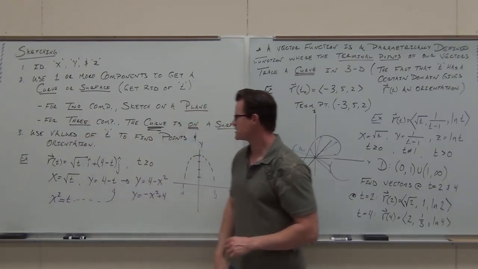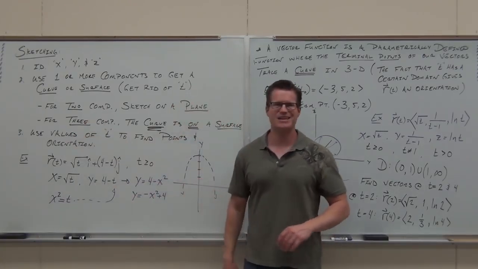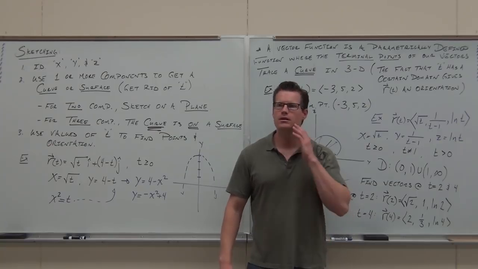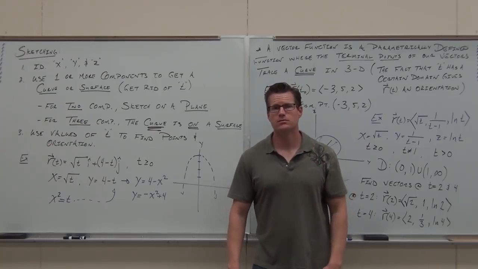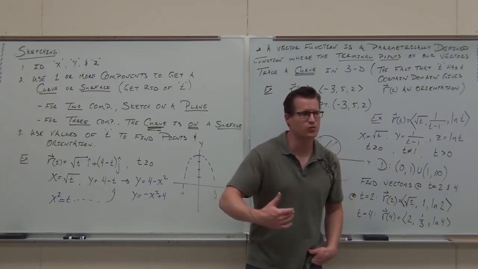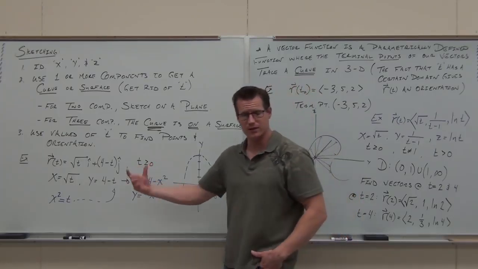The last one is use values of t. Let's plug in -7. Should I do that? What should I plug in? Probably 0 to see where it starts, because this is going to have an initial point. It has an orientation. We just start somewhere for a defined domain like that.